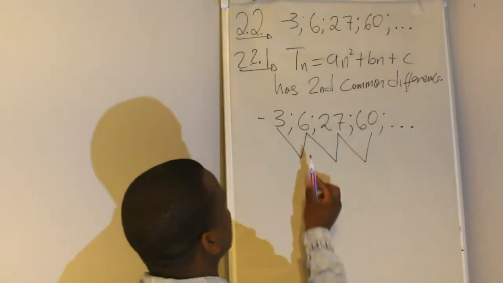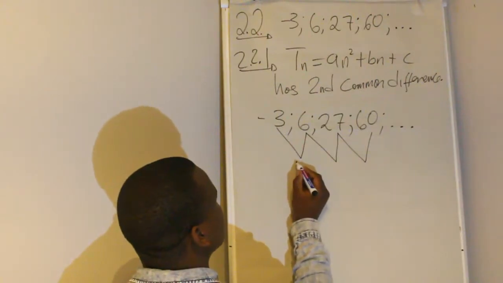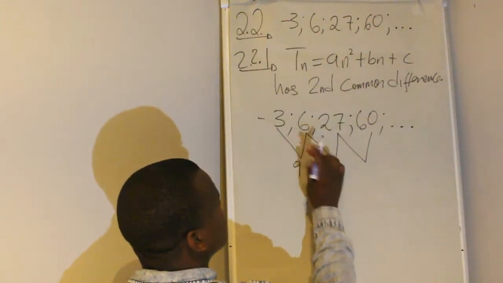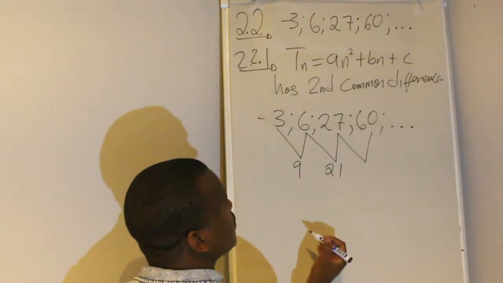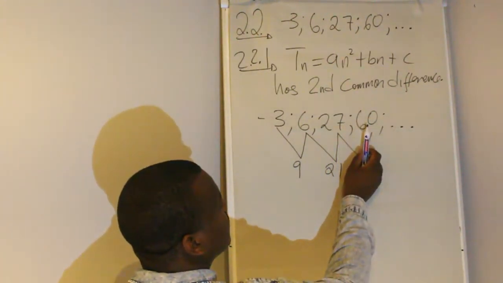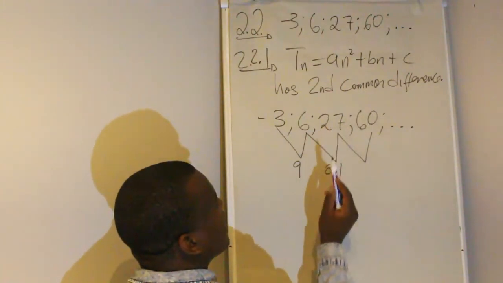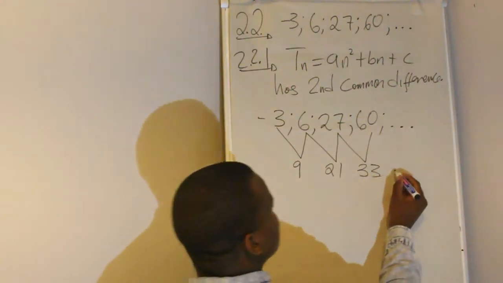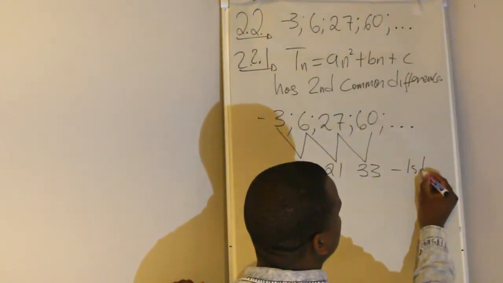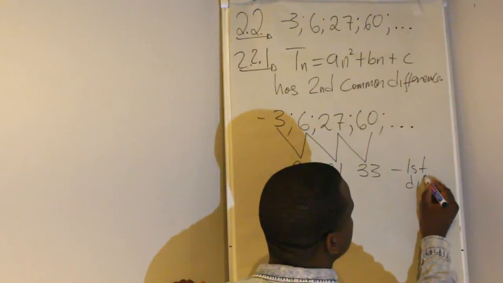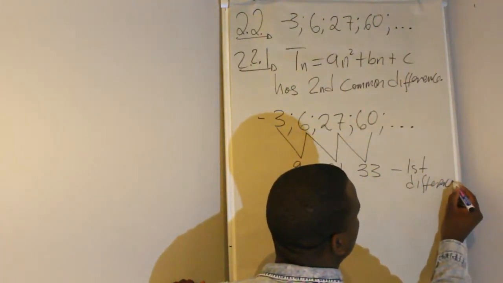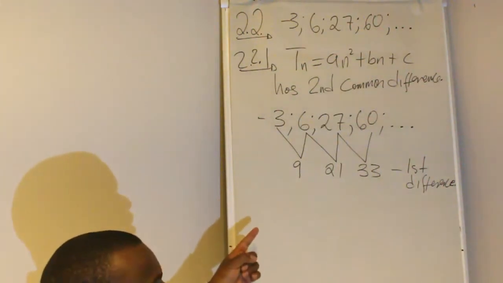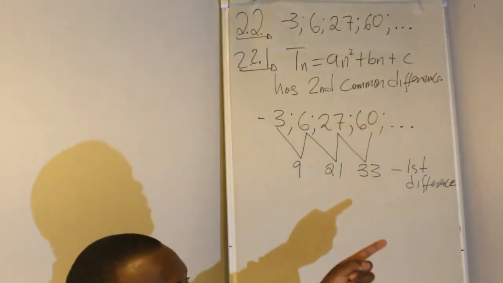So 6 minus -3 is 9, 27 minus 6 is 21, and 60 minus 27 is 33. This is the first difference. The first difference is not common, it's not constant, it's changing.